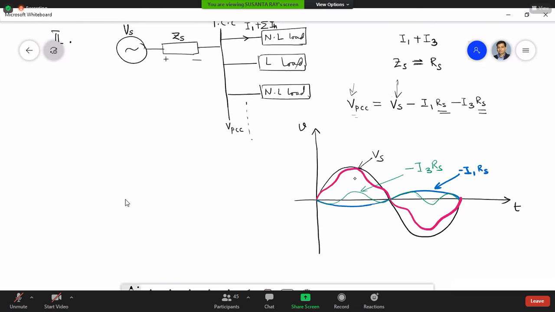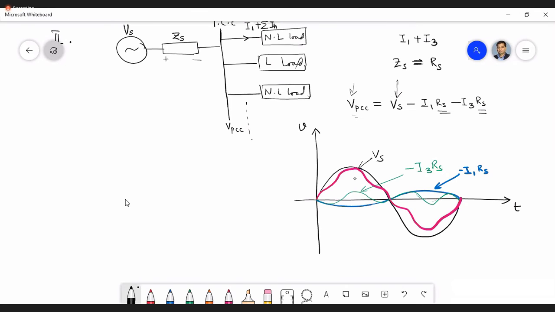Here I have taken only the resistance, but there can be inductance as well. So this is a special or very simple case, but the thing will not be so simple in practice. There may be some phase difference, there may be other harmonics, there may be an inductance component in that ZS. The things will be more complex, but the point is that the bus voltage, or the voltage of the point of common coupling, will no longer be exactly sinusoidal.